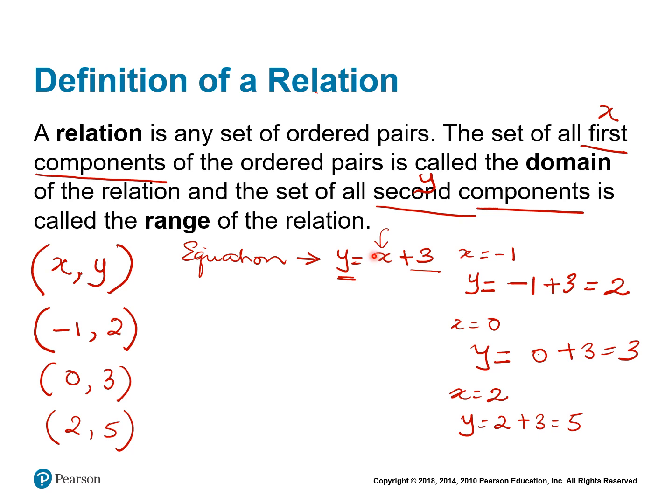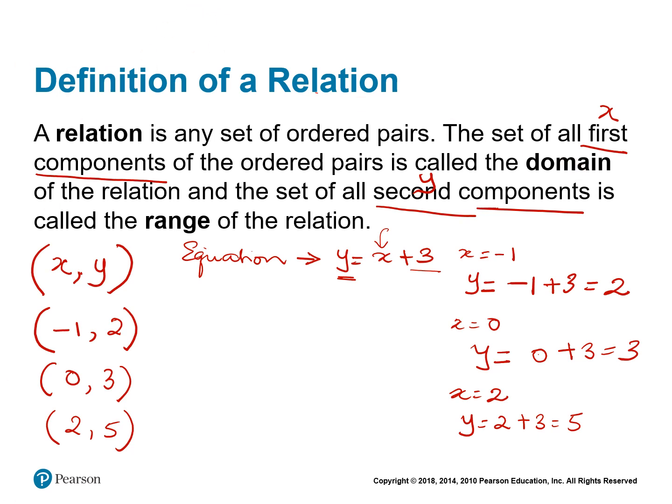Now, it says over here the set of all first components of the ordered pairs is called the domain. That means all the x values in our ordered pairs are called the domain values. Domain values are also called input values.